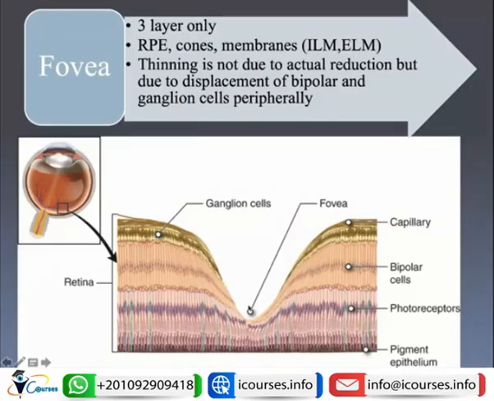This thinning makes the fovea about 90 microns, while the macula is about 350 microns. This decrease in thickness is not due to actual reduction, but due to displacement of the bipolar cells, the ganglion cell layer, and all other layers to a side, peripherally, as you can see here.